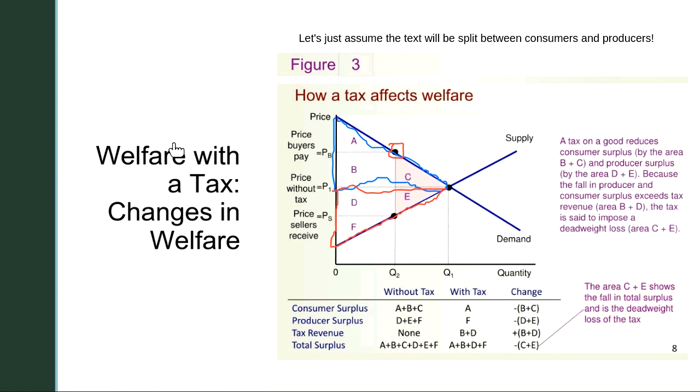Now, similarly, sellers have to pay part of the tax as well. And so while consumers pay $525 for the console, the producers still need to pay $25 of the tax. And so what ends up happening is that consumers receive $475 for the console.